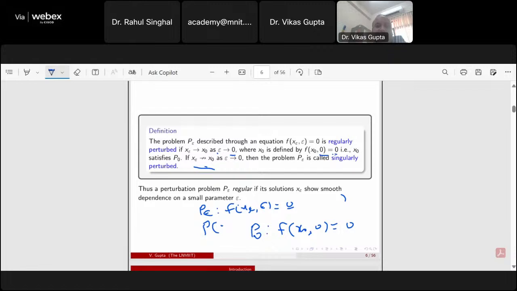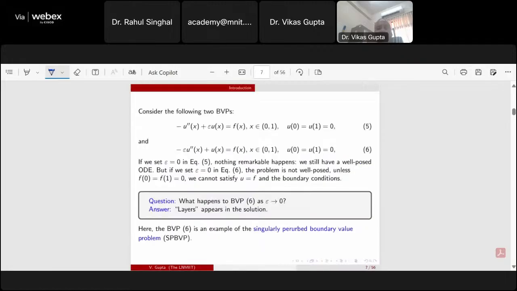And if you don't have smooth dependence on the small parameter epsilon for the solution x epsilon, then that problem is said to be singularly perturbed. So that differentiation between regularly perturbed and singularly perturbed will be clear in these two examples. Here, consider two different boundary value problems, defined by equation number 5 and equation number 6.